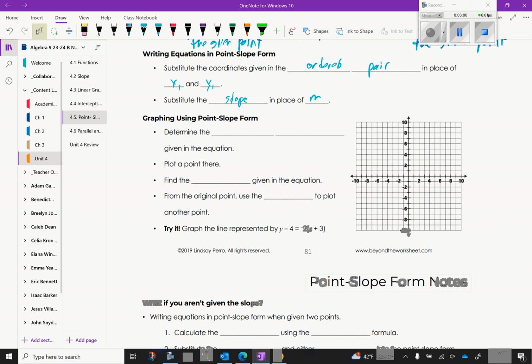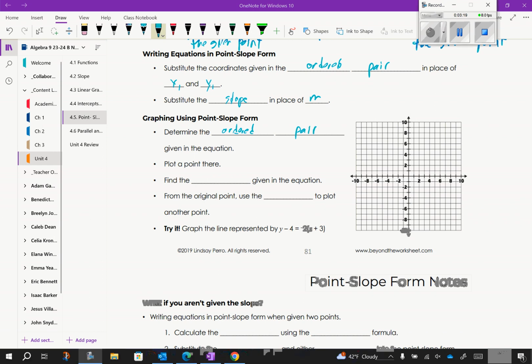If we're, say, given an equation in point slope form, it's not that tough to graph that line. We start with the ordered pair. We plot that point on the graph.